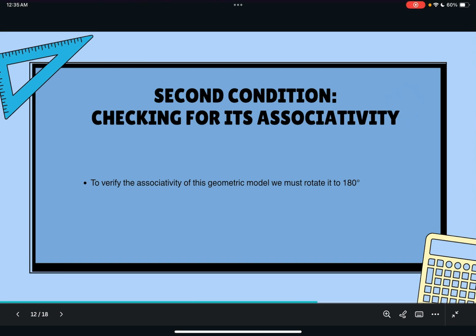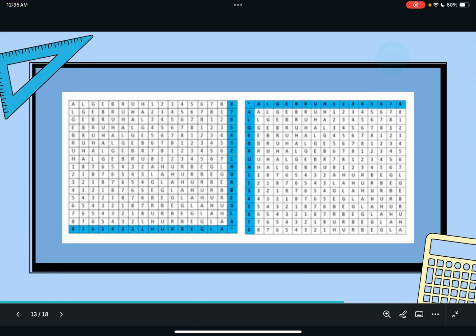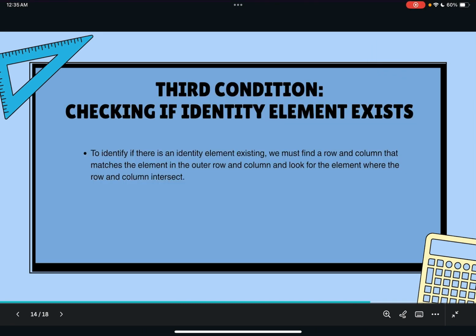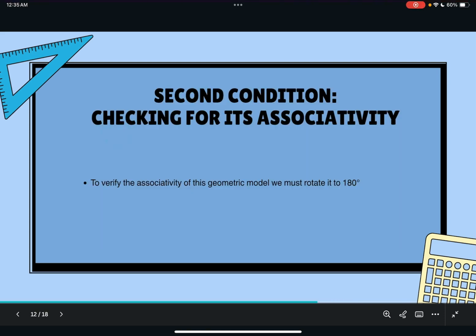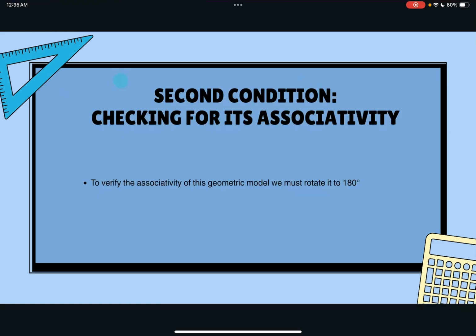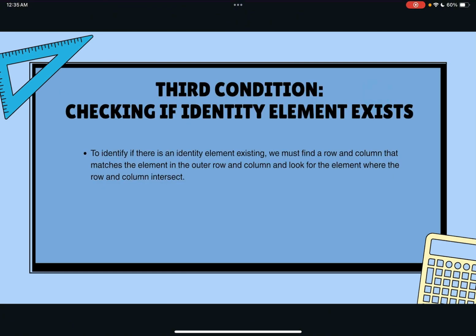To verify the associativity of this geometric model, we must rotate it 180 degrees. Upon interchanging its rows and columns, therefore, it is associative.